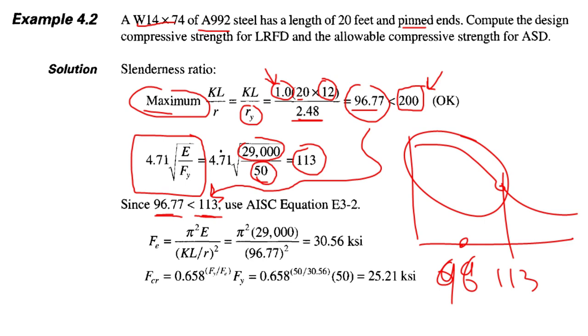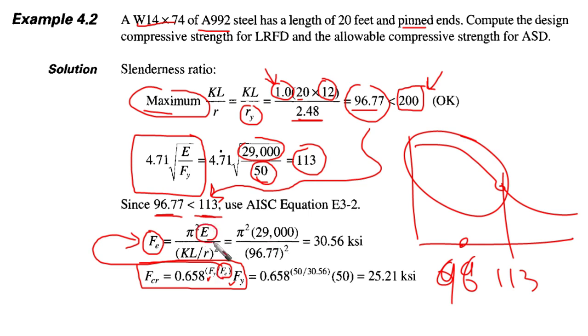Then the equation that is going to be used is this equation, right? Fcr equals 0.658 to the power F yield over Fe, times F yield. This means that we need Fe. We know F yield is 50, but we want Fe. So we calculate it in a previous step: Fe equals pi squared E over (KL over r) squared. This means that we know everything.